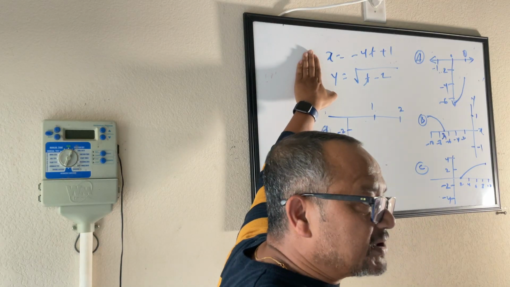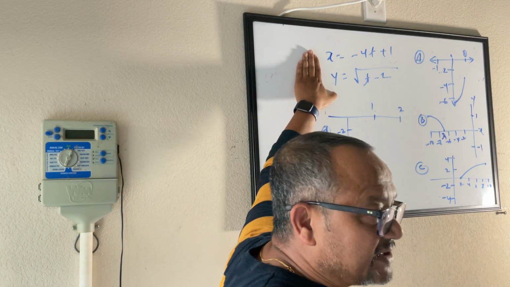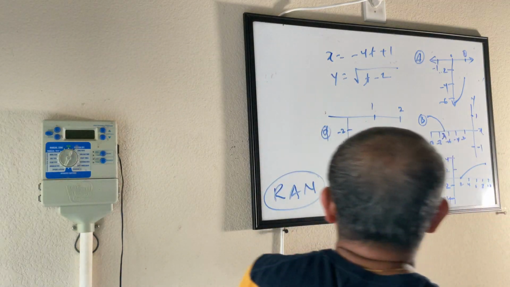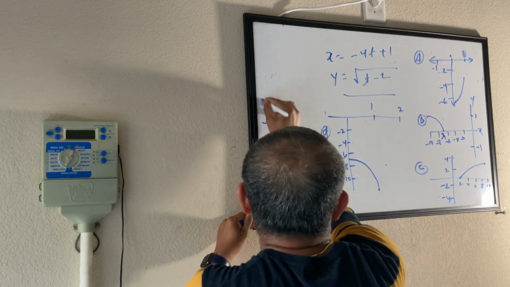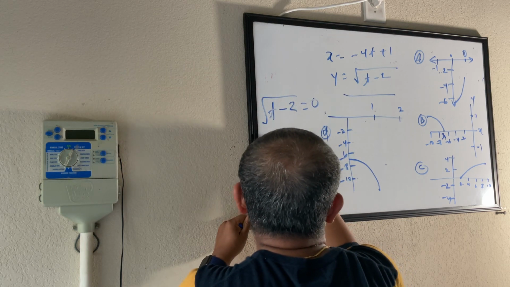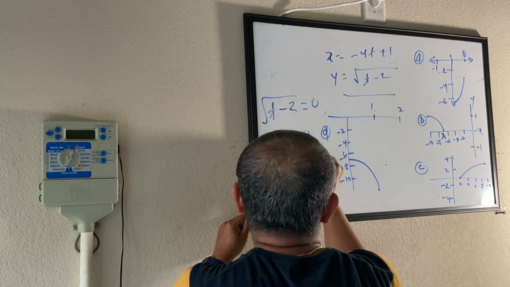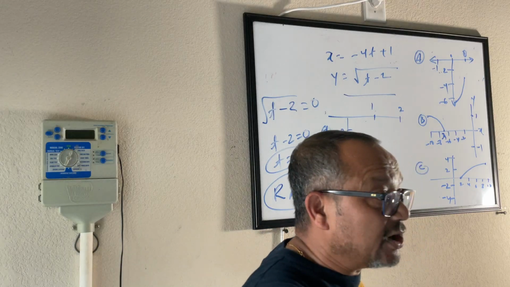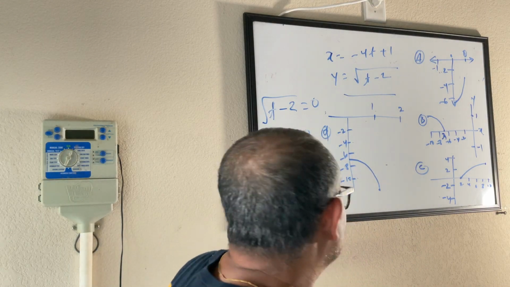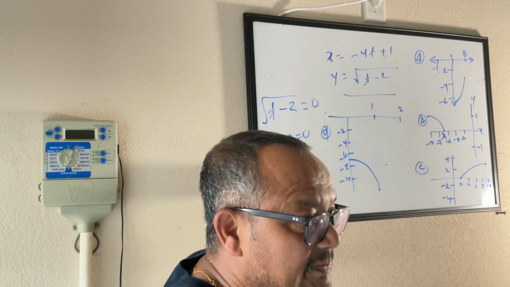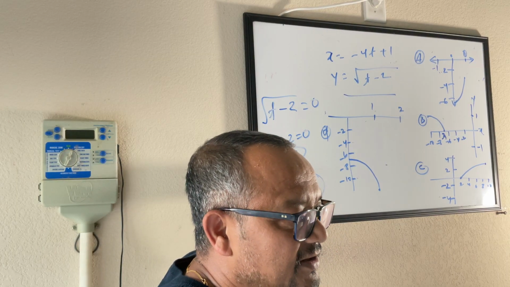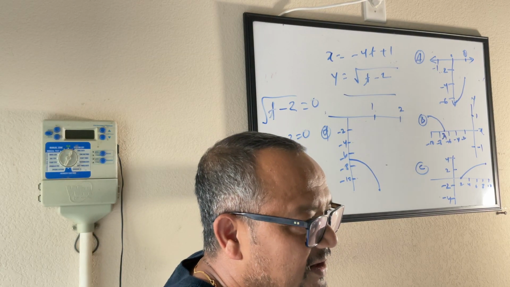That means the square root of t minus 2 will be 0. T minus 2 will be 0. T will be 2. I got a good starting point. When t is equal to 2, that is the point where it is supposed to touch the x-axis.